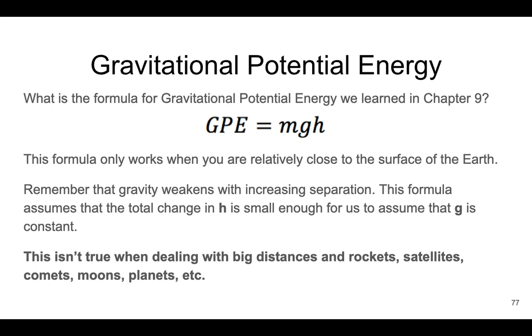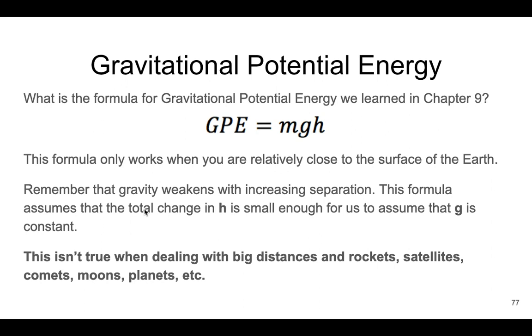If you go up 10 meters, 100 meters, even 1,000 meters or so, you're not getting that much further away from the center of the Earth. So your distance from the center basically stays the same. It does change a little bit, but it's a very tiny change compared to the radius of the Earth. So you can use the chapter 9 formula, GPE is equal to mgh, only if you're really close to the surface of the Earth.